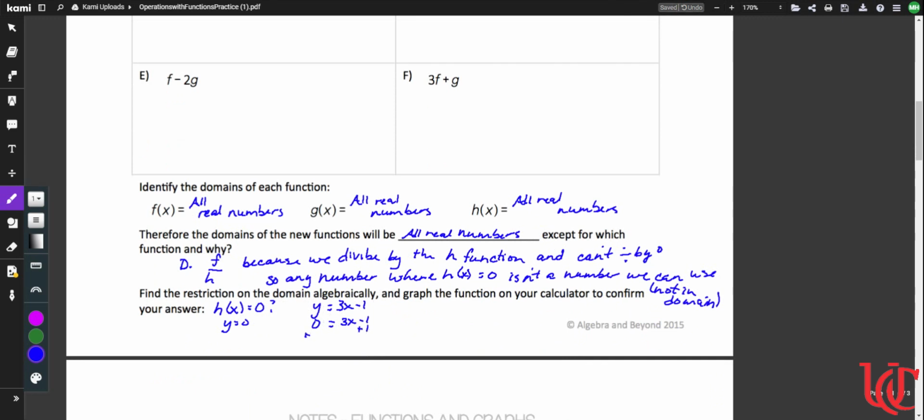Add 1. You have 1 equals 3x. Divide by 3. Divide by 3. So x equals 1/3 is not in the domain, because we can't allow H of x to equal 0. So this is excluded from the domain.